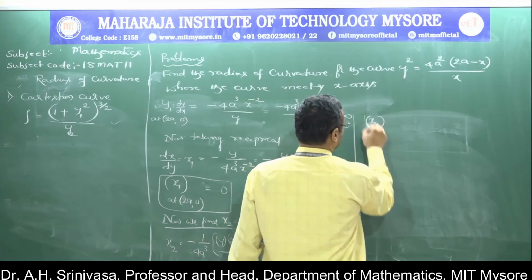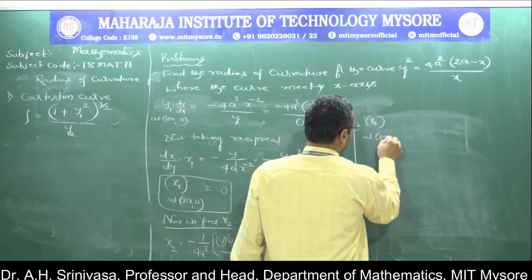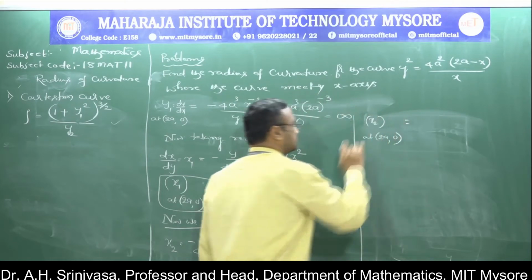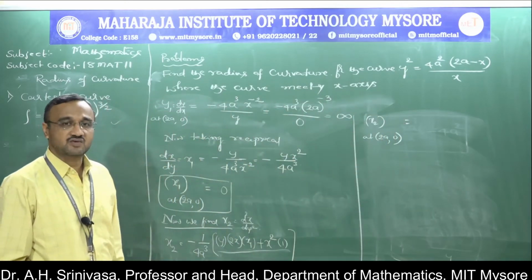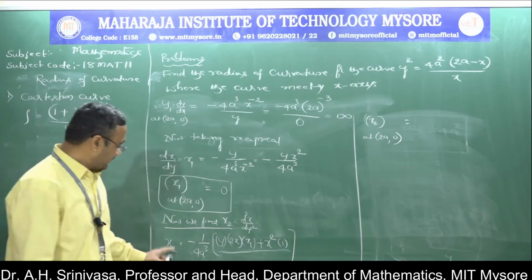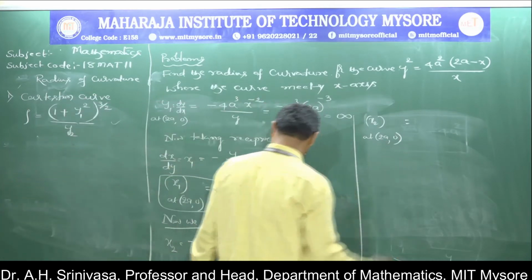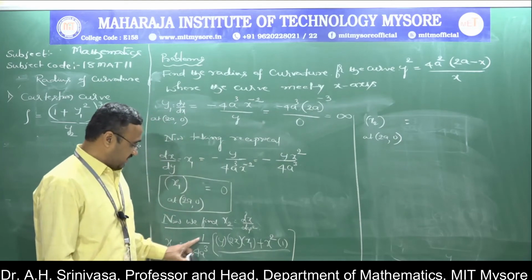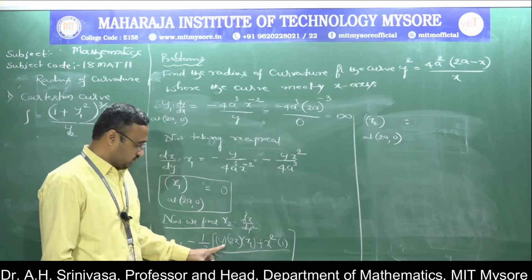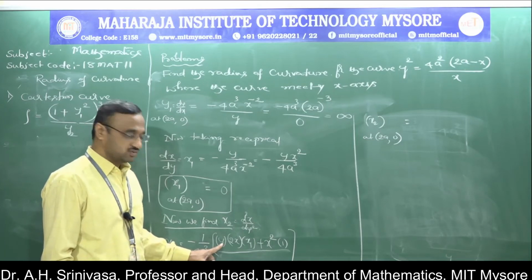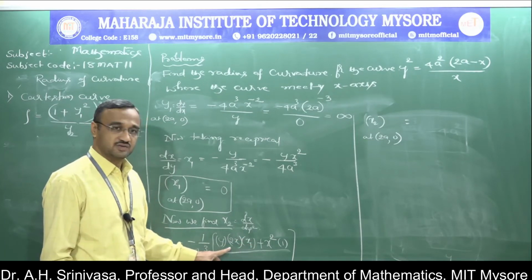Then x2 at 2a comma 0. That means in place of x you put 2a, in place of y you put 0. What happened? Now check it here. Minus 1 by 4a cube is a constant, keeping as it is. In place of y you put 0, the term entirely becomes 0.